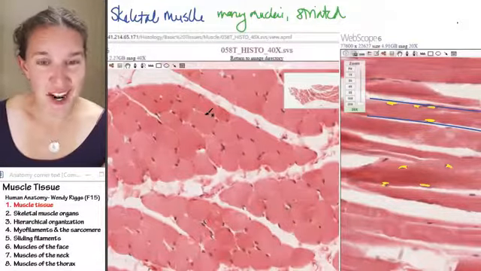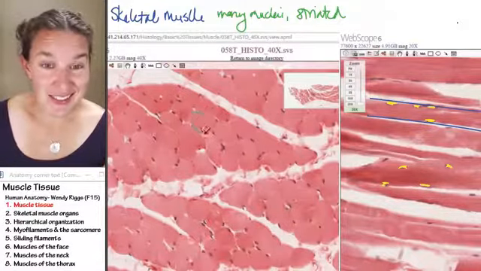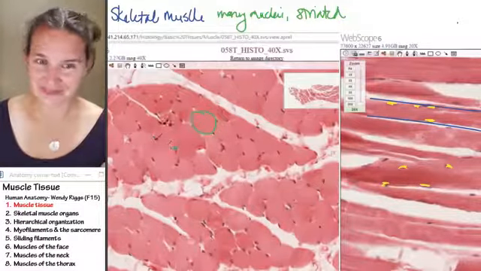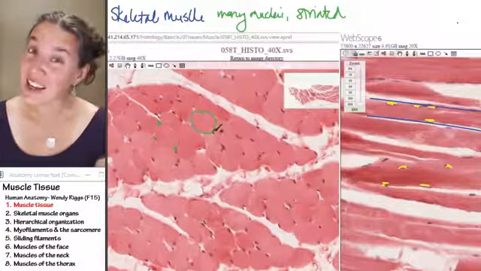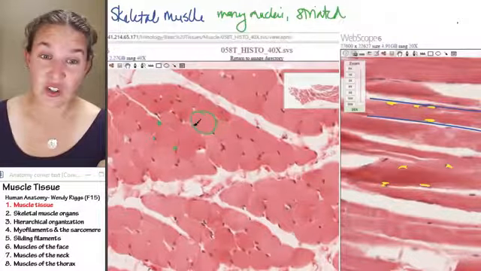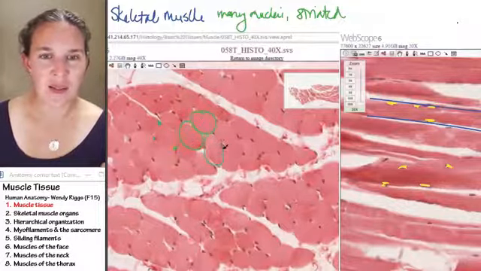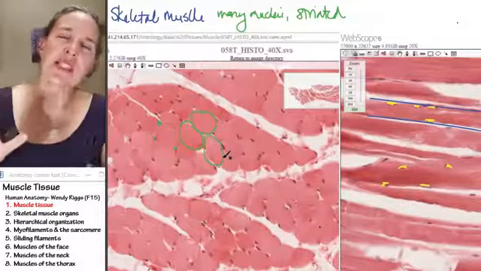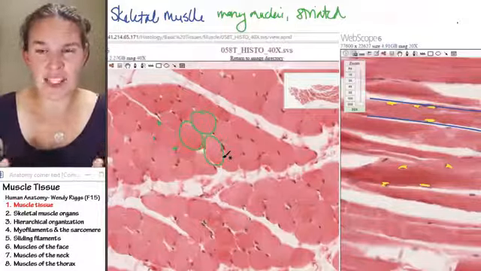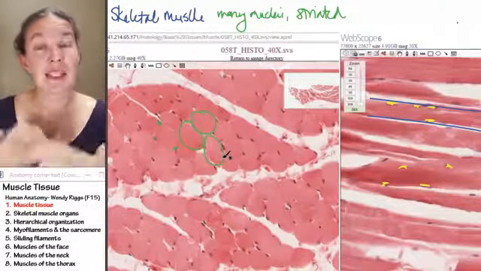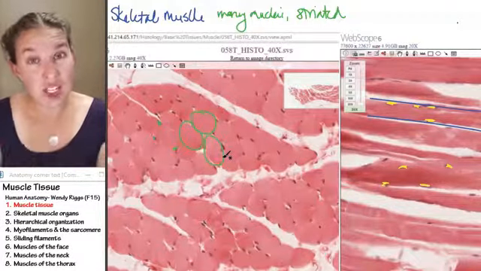If we did a cross-section of skeletal muscle, what do you notice? What do you think those little dots are along the edges? Those are nuclei, and each one of these circles that I'm drawing is one skeletal muscle cell. So we're actually going to spend some time looking at the skeletal muscle cells, why they're striated, where the striations come from, and a little bit about how they function.